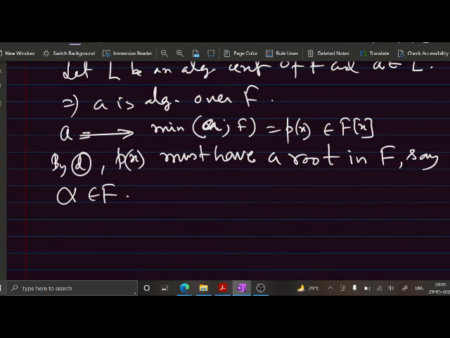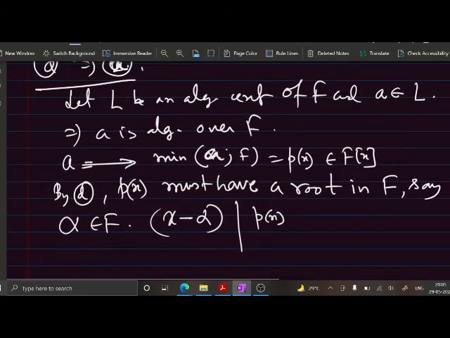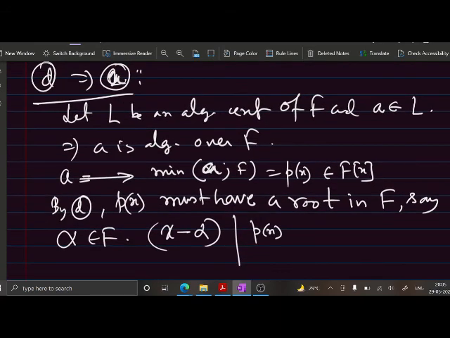তাহলে যেহেতু আলফাটা F এর মধ্যেই রয়েছে, you can consider this linear factor. তাহলে এই লিনিয়ার ফ্যাক্টরটা ডিভাইড করবে this p(x), but you have deduced that p(x) being the minimal polynomial of a over F, it is irreducible, and being irreducible, no non-constant polynomial can factor this p(x), তাই না?